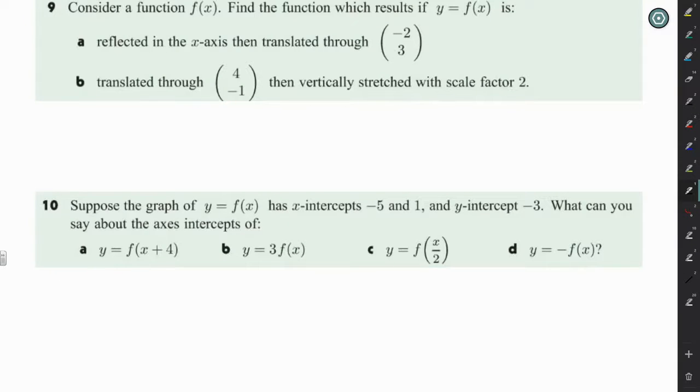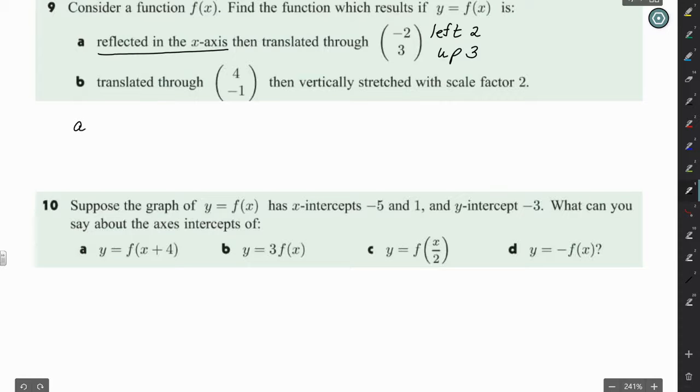Okay, number 9 says, consider the function, find the function which results from the following translations. We have reflected in the x-axis and then translated using the translation vector. The translation vector tells us we're moving left 2 and up 3, and we're also reflecting over the x-axis.